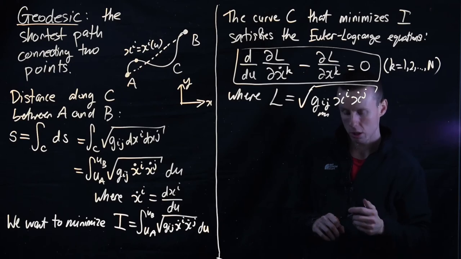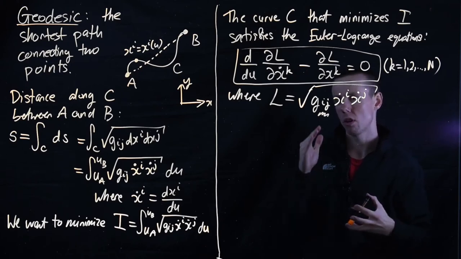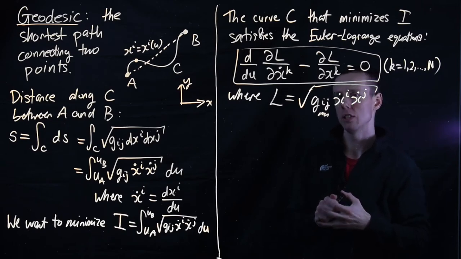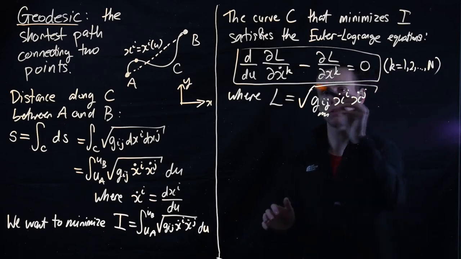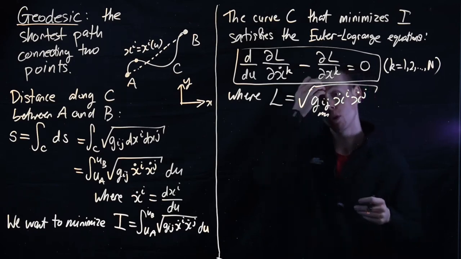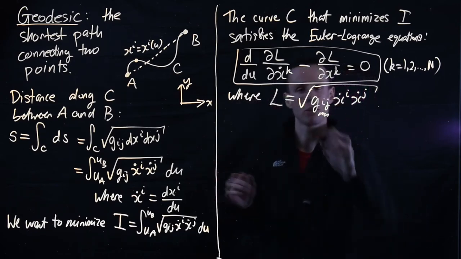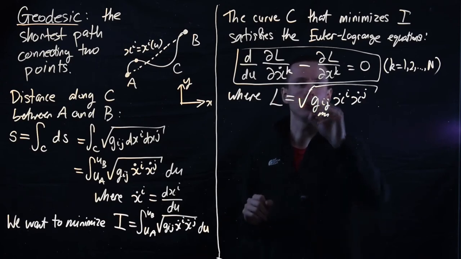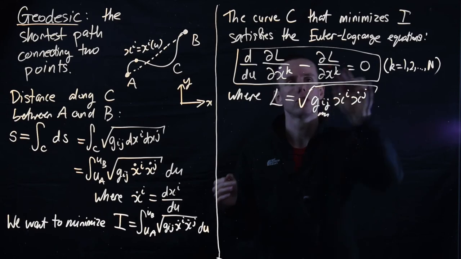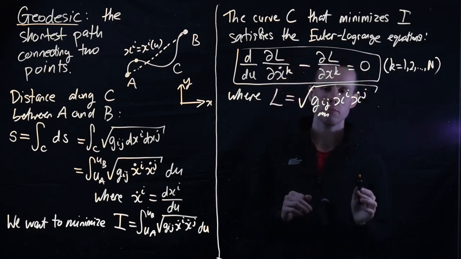Now, there is something that makes this slightly awkward, and it's this square root symbol. In general, when you have your coordinate system and your components of the metric tensor, this Lagrangian with the square root is a little bit awkward, because you have to take these derivatives in the Euler-Lagrange equations.